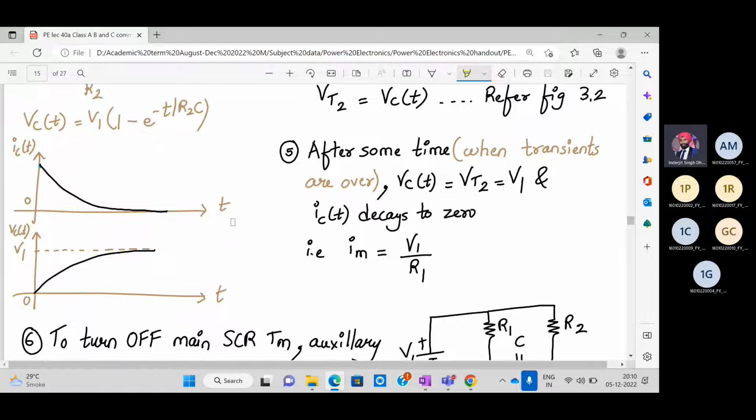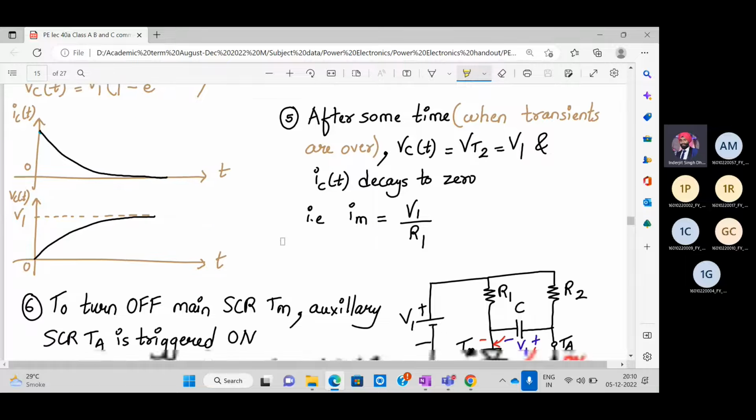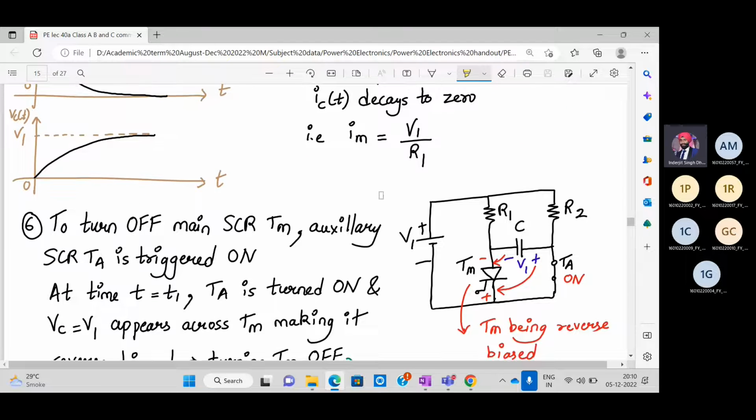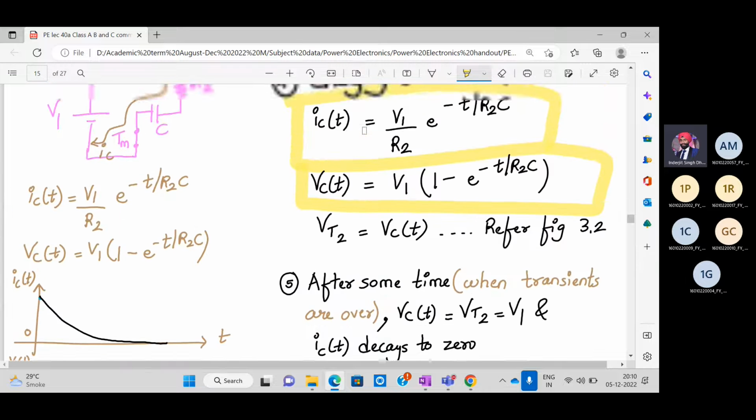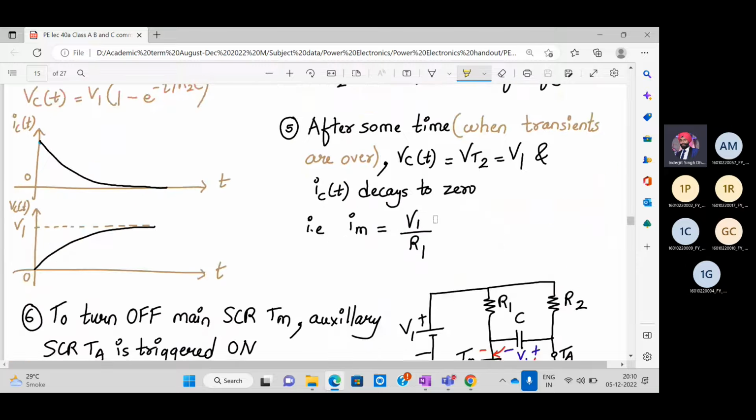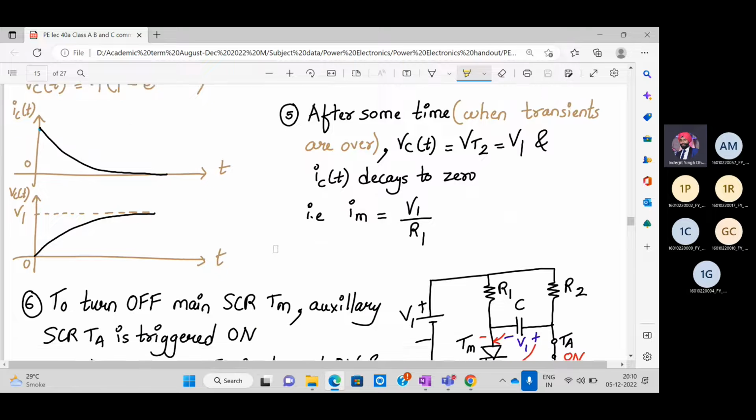When the transients are over, your capacitor voltage will reach V1 and your capacitor current will decay to 0. And whenever the current decays to 0, your main SCR current Im will be given by V1 upon R1, as IC is decaying to 0.